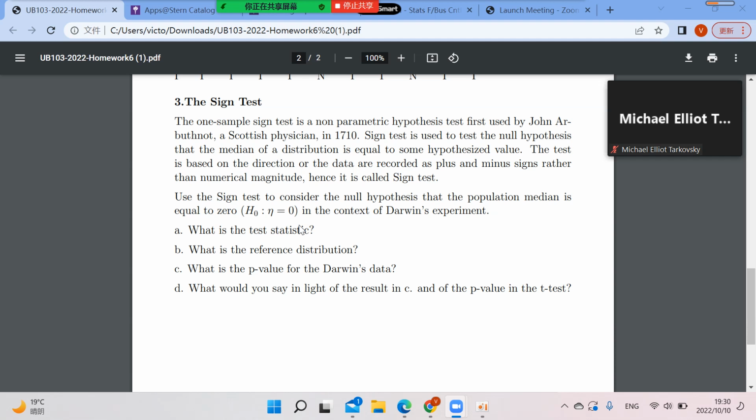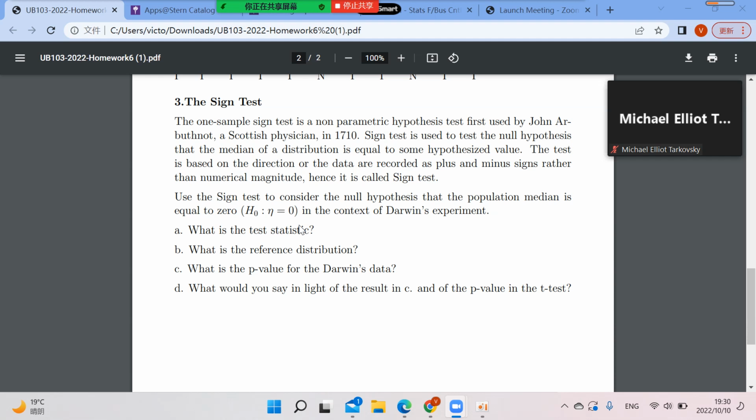So what is the probability of getting 13 positive signs out of 15 observations?